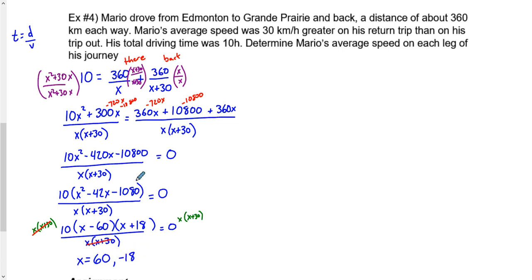But x is talking about a speed, so that one doesn't make sense. Meaning 60 kilometers per hour there. And 60 plus 30, so 90 kilometers per hour back. And there we have it.